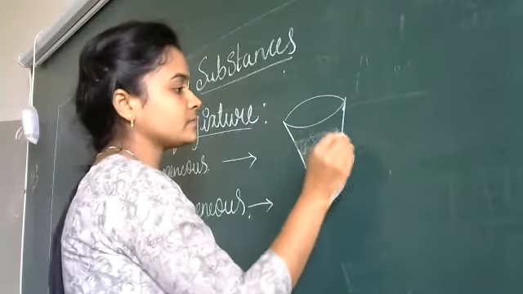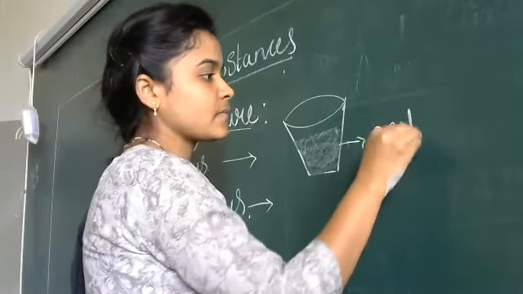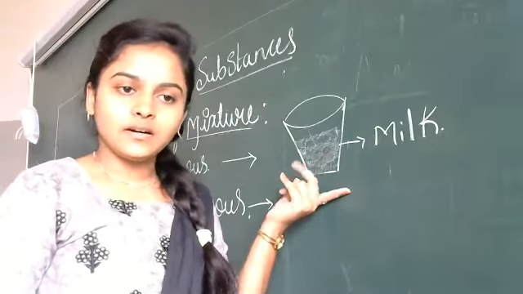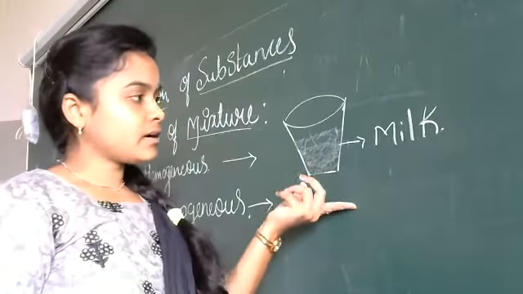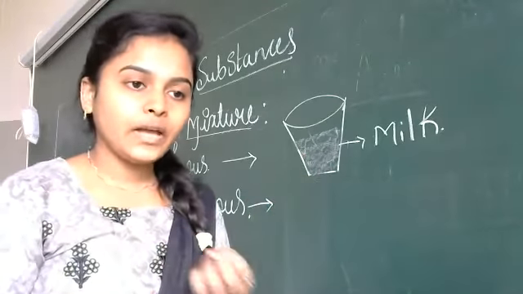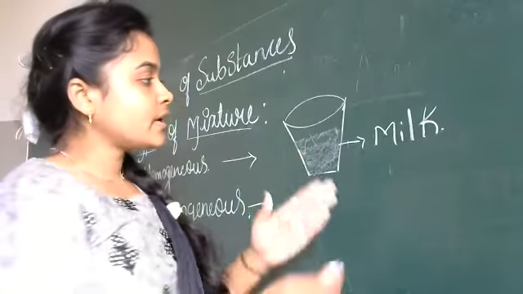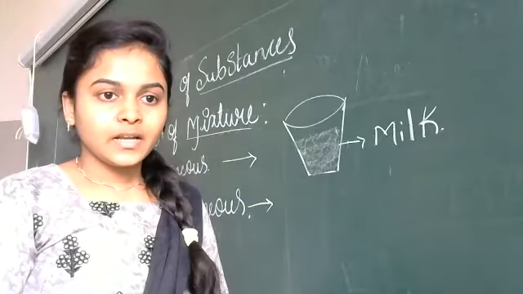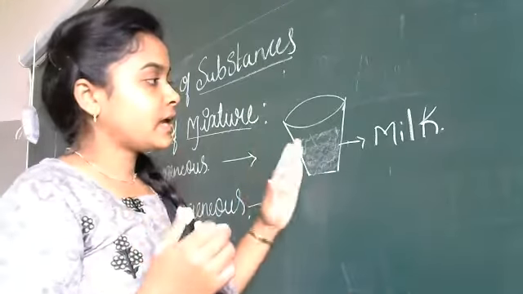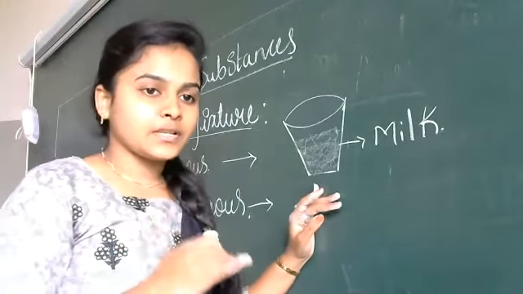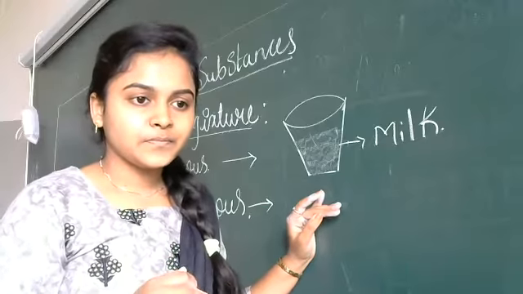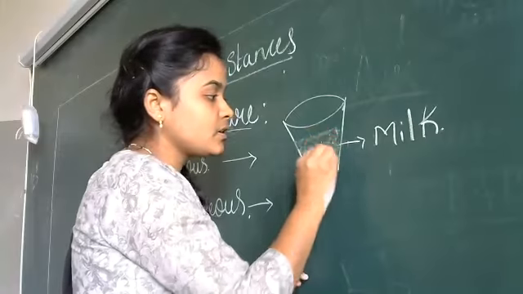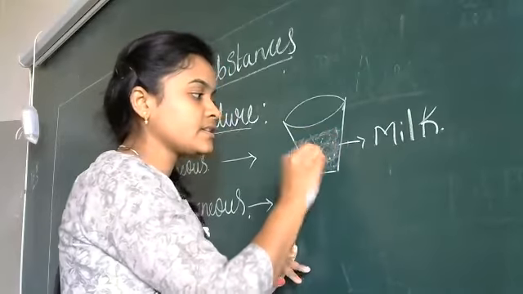Again I'll take a glass of milk. So milk is a mixture. Here in milk, are you able to see which components are mixed inside it by your naked eyes? No, we cannot see the particles present inside this milk.